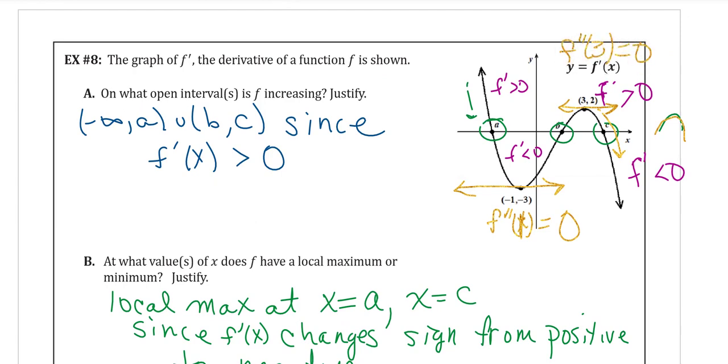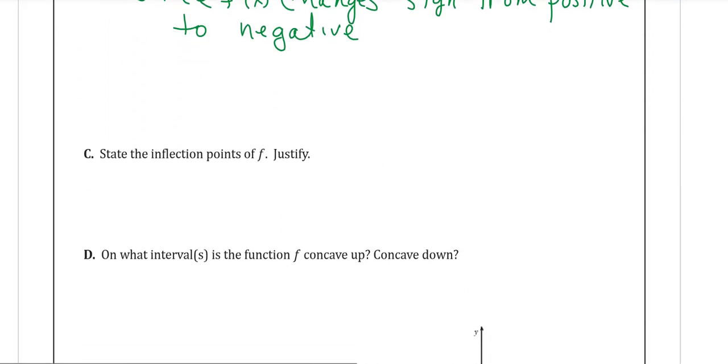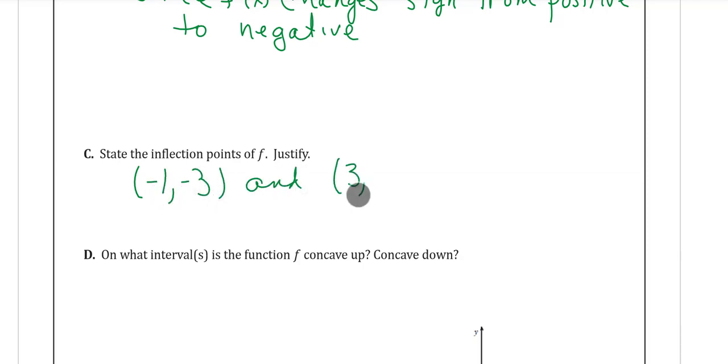So we know where the inflection points are. They're going to be the zeros of the second derivative. So my inflection points are at (-1, -3) and (3, 2). And the reason for that is that f double prime of x is going to equal 0.